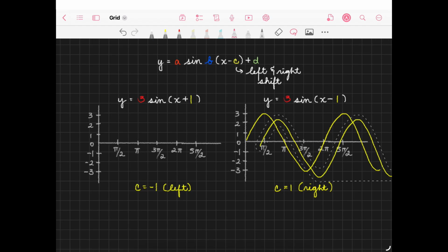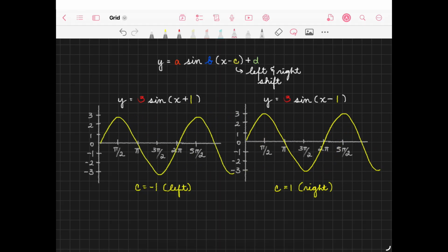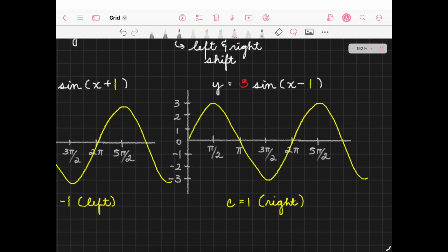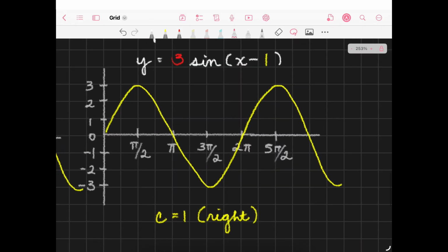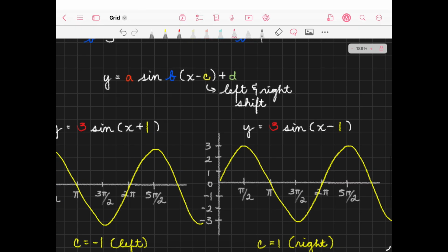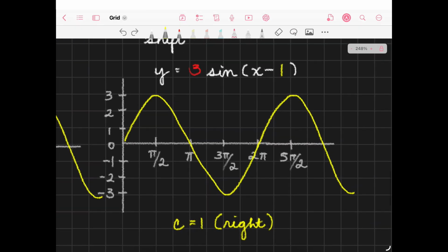They have the same amplitude, which is a is equals to 3. But what we know about the right equation is that c is equals to 1 based on our standard form. We have x minus c. So if c is equals to 1, then we'd have to shift our graph by 1 unit to the right.